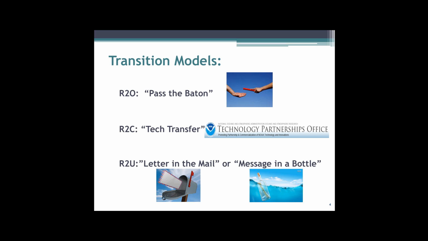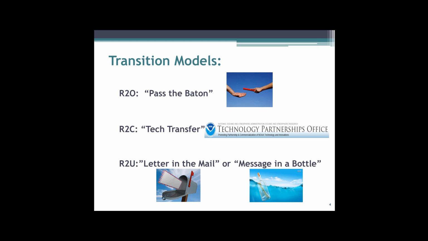It requires very explicit planning and definition of milestones to be successful, and very close coordination. If something doesn't go right, the baton is dropped and the transition can run into problems.